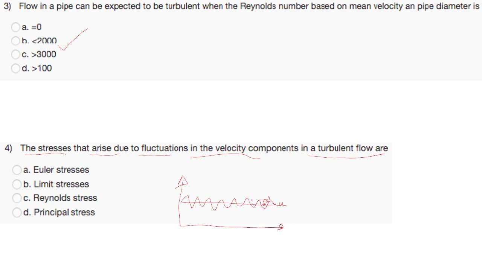Due to the fluctuations, which type of stress arises in turbulent flow: Euler, limit, Reynolds, or principal stress? Just please think, and within 1 minute try to give the answer to this question.